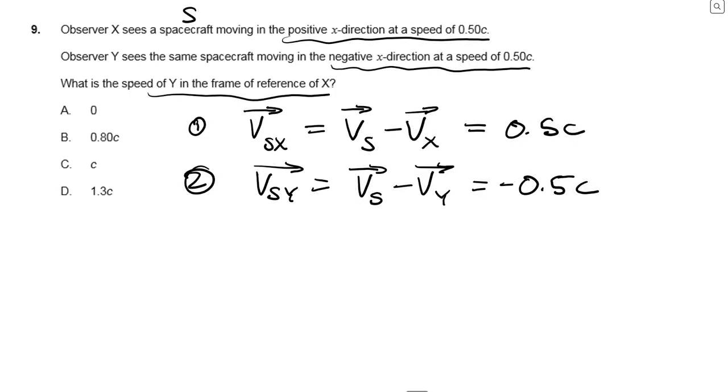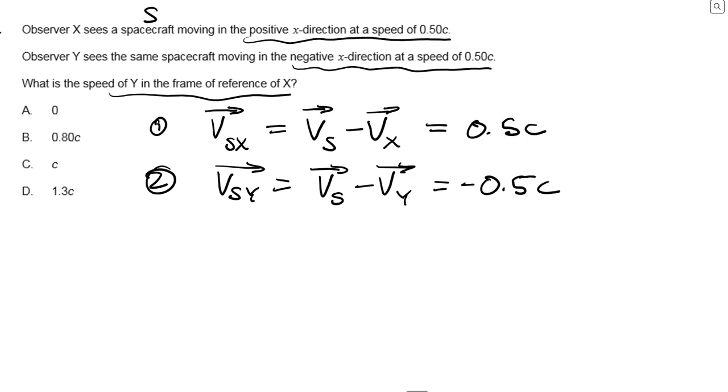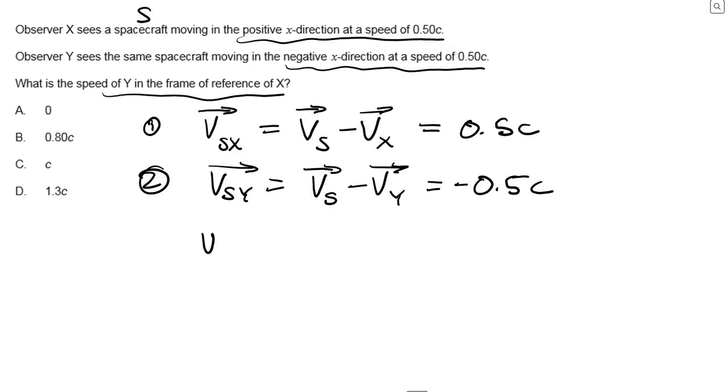Next is, what is the speed of y in the frame of x? Okay, so what we need to understand here is that this is the speed of s in the reference frame of y, speed of s in the reference frame of x. So what we need to find now is, this is our third equation, speed of y in the reference frame of x, right?